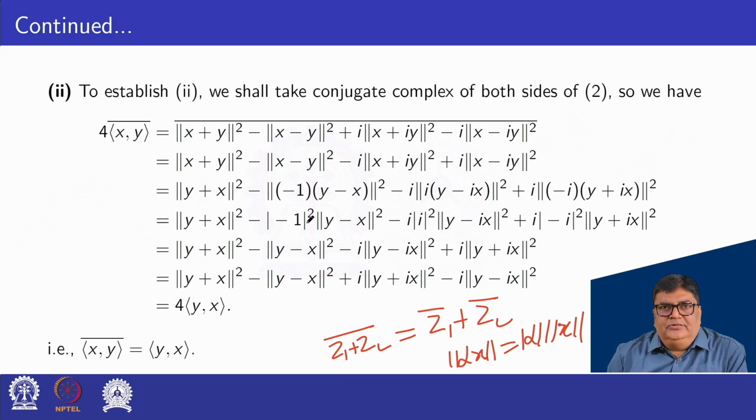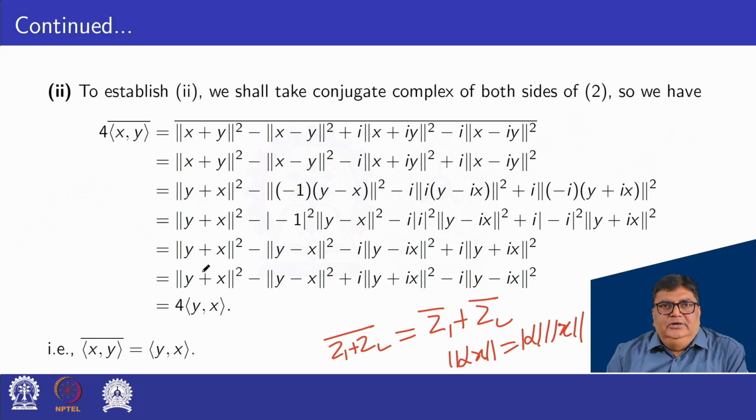So mod minus 1 square into norm y minus x square minus i into mod i square into norm y minus ix square plus i mod minus i square into norm y plus ix square equals norm of y plus x square minus norm of y minus x square minus i mod i square, that is 1, norm y minus ix square. Similarly, this is also plus i norm y plus ix square.